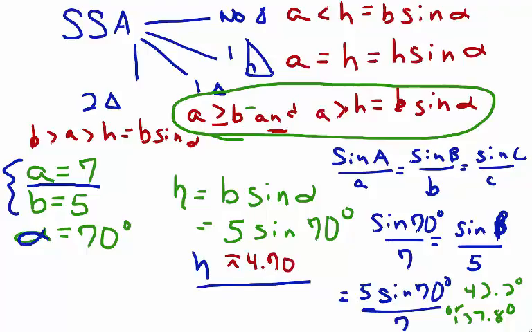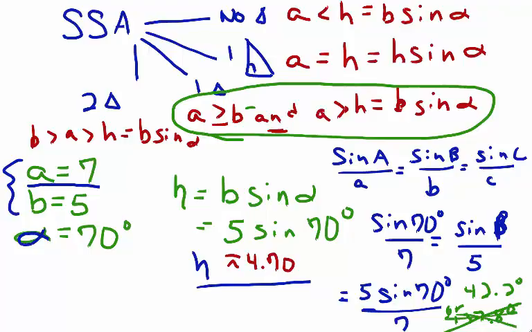So which one do we use? We have to throw out the angle 137.8, because if we were to add that to 70 degrees, the result would be in excess of 180 degrees. And we know that there are no triangles whose angles sum to more than 180 degrees. The angles of every triangle sum to exactly 180.